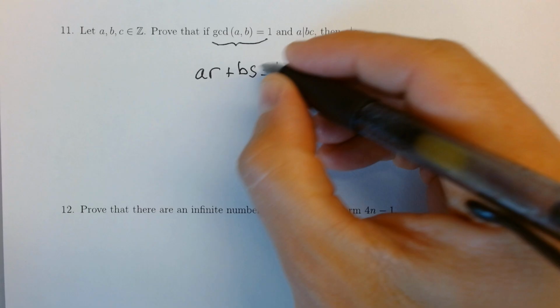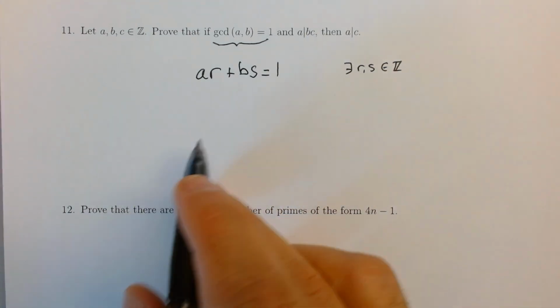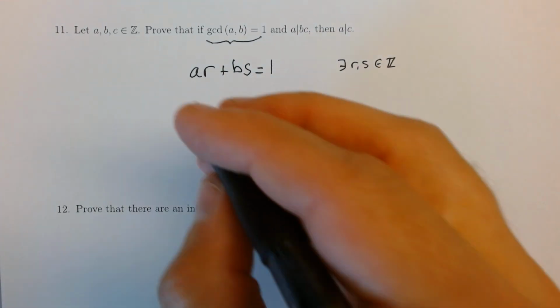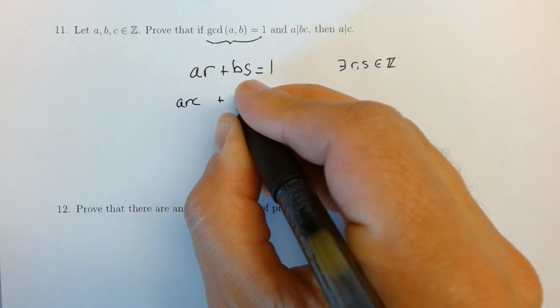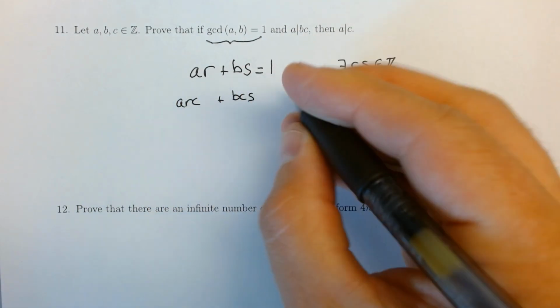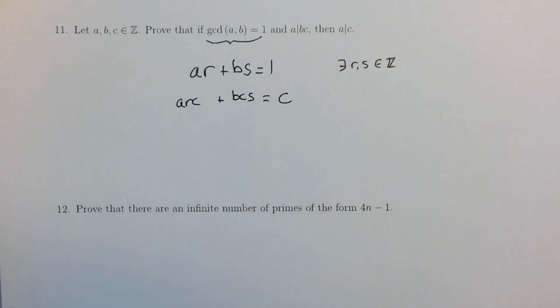Now I need to insert c in here somewhere to get a bc, so I could multiply both sides of this equation by c. So I get arc plus, and I'll put the c there next to the b, bcs is equal to c.